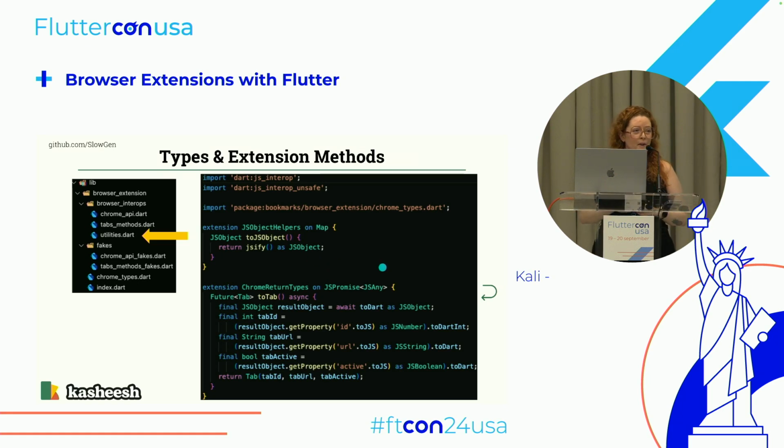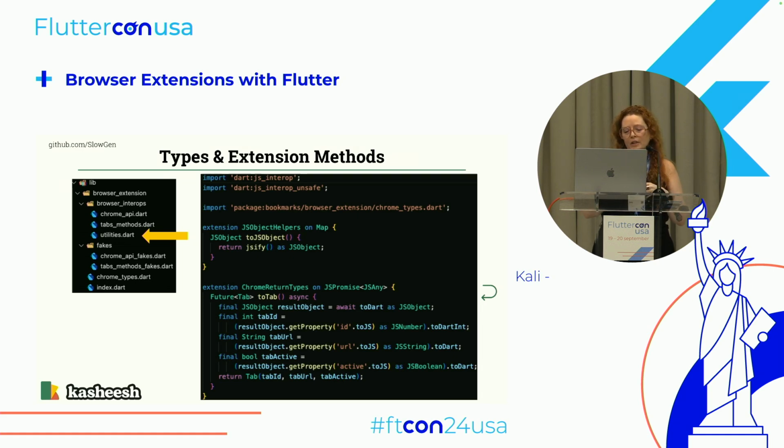Second one's a lot more complicated. The Chrome API always returns a promise and always an object of some sort. There's a few exceptions that are not an object, but for the most part, it's a promise returning an object. But we know what these are. They are very clearly defined in the Chrome documentation, and we know what we're using and what we need.